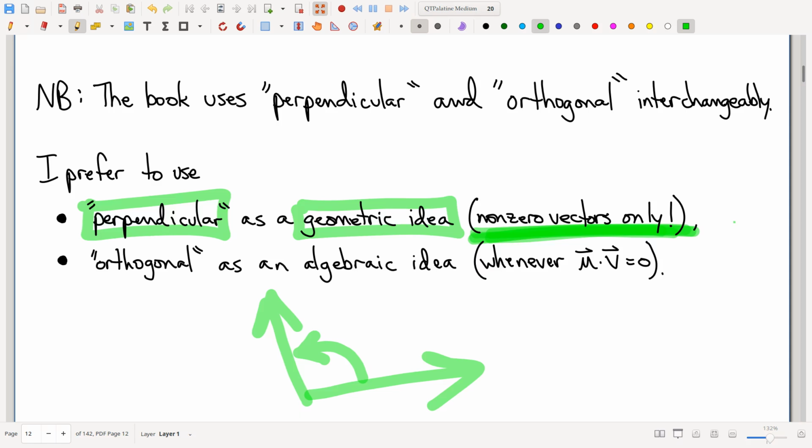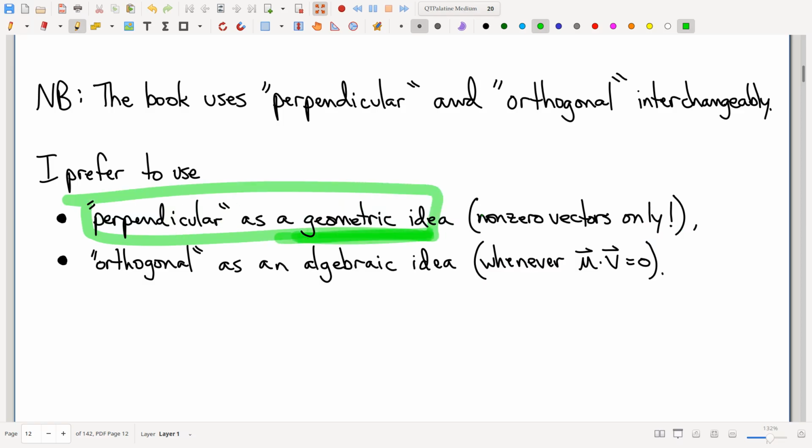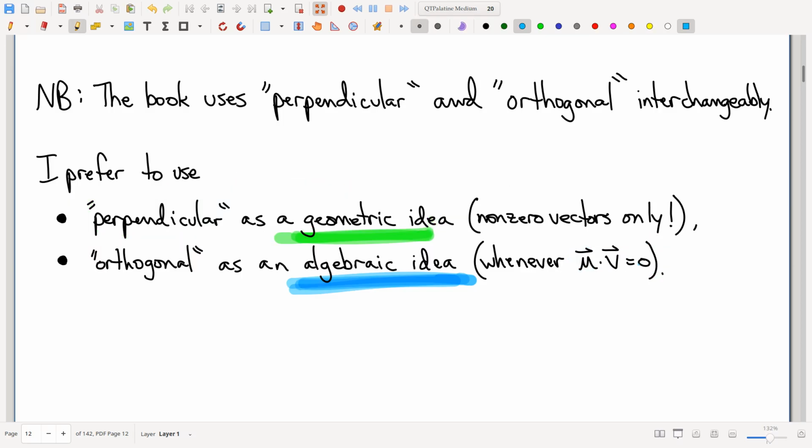Now, here's the related idea, and it's a totally different thing, really. That's geometric. The related idea is that sometimes the dot product is zero, and that's an algebraic idea, right? And so we've got these two different ideas. One's intrinsically geometric. The other is intrinsically algebraic.